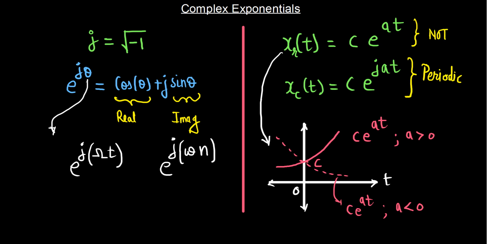We know how they look. They look something like this, and of course they are not periodic. But the complex exponentials are periodic in nature, and we have already seen the visualization of them.